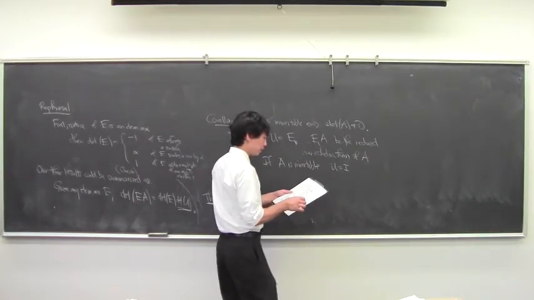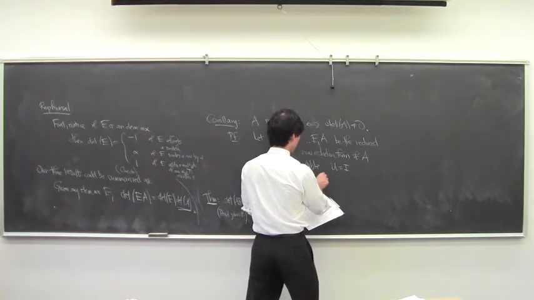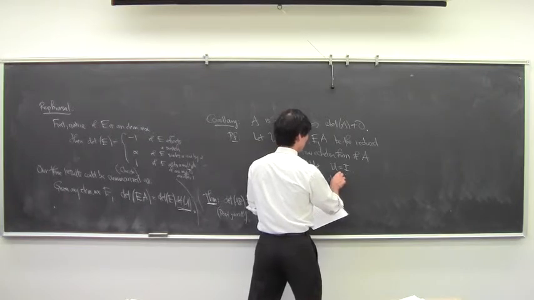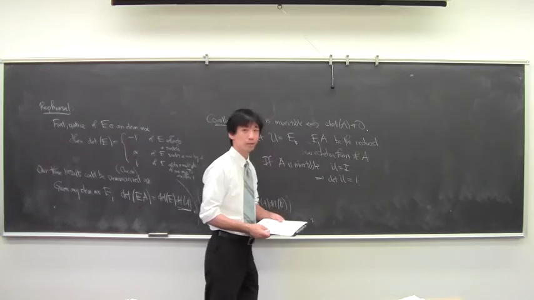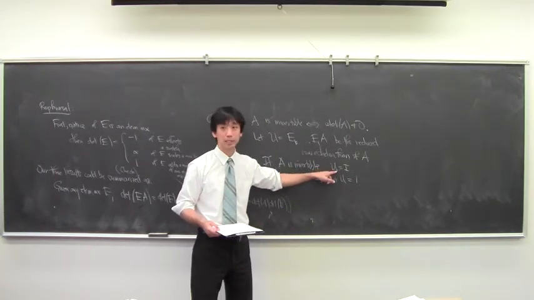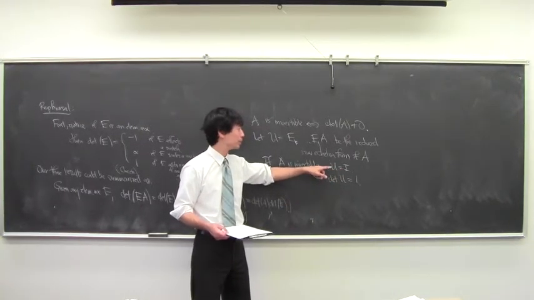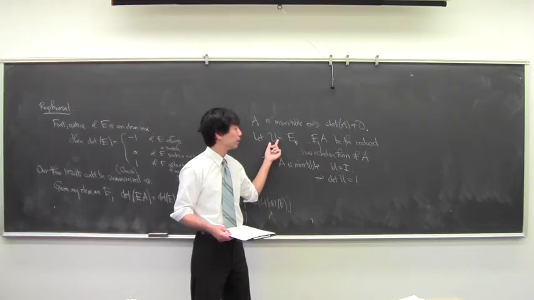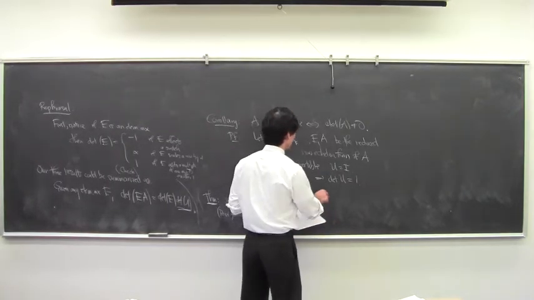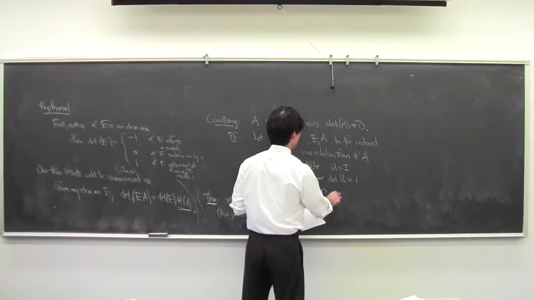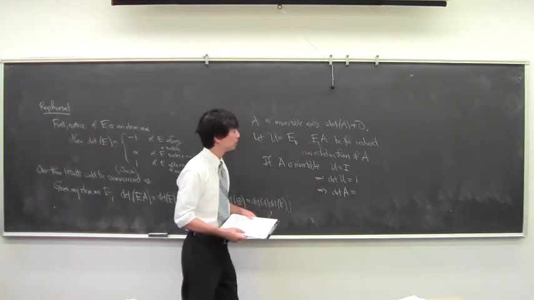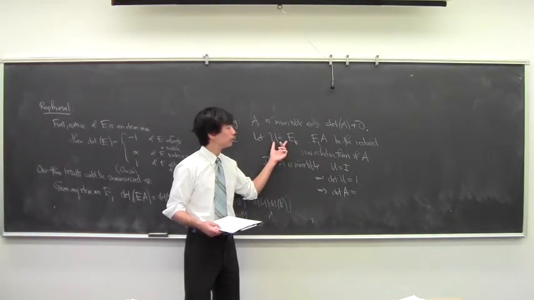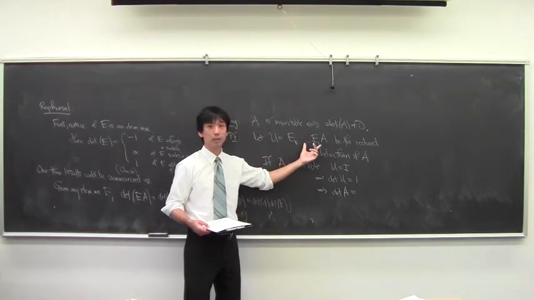So the determinant of U is 1, because it's the identity matrix. The determinant of the identity matrix is 1. But that tells you that the determinant of A is what? Could the determinant of A be 0?